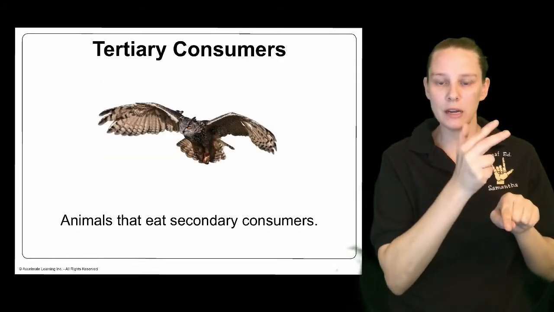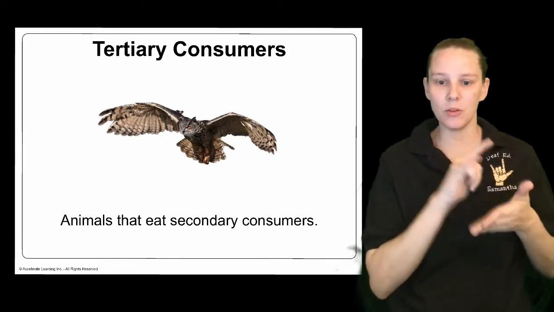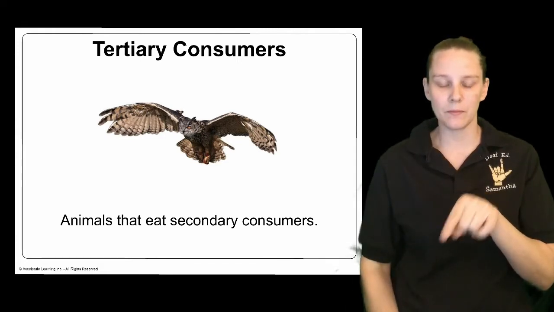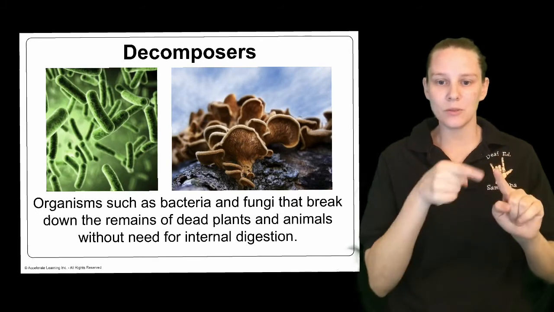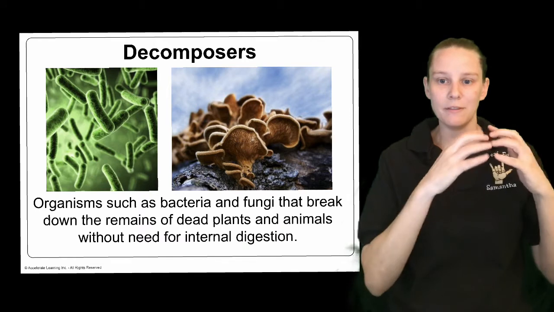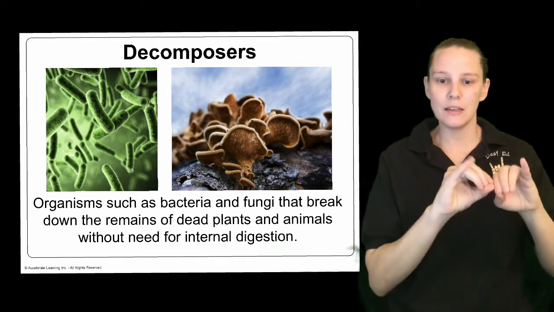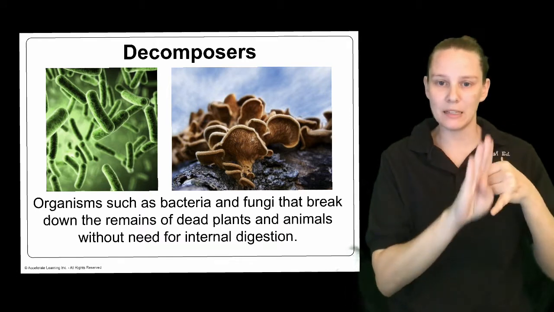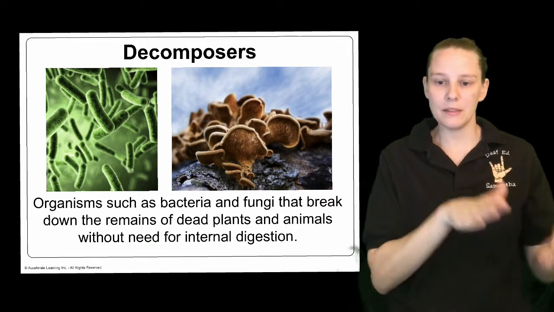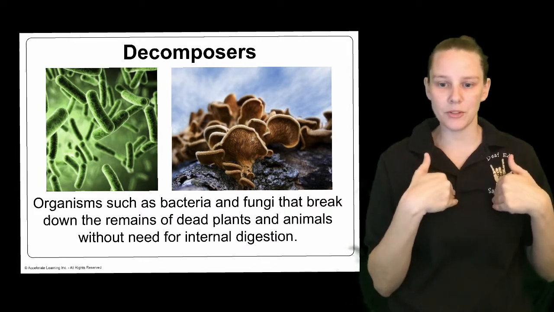The tertiary consumer is an animal that eats the secondary consumer. Last, when an animal dies, we have decomposers. These are organisms like bacteria and fungus that break down the dead plants and animals.